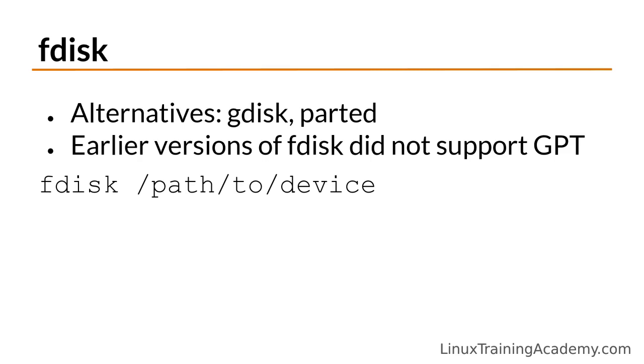Earlier versions of fdisk did not support GPT, but as of this time, the latest versions of fdisk support GPT. To manage the partitions on a disk with the fdisk utility, simply provide the path to the device you wish to manage as an argument to the command.